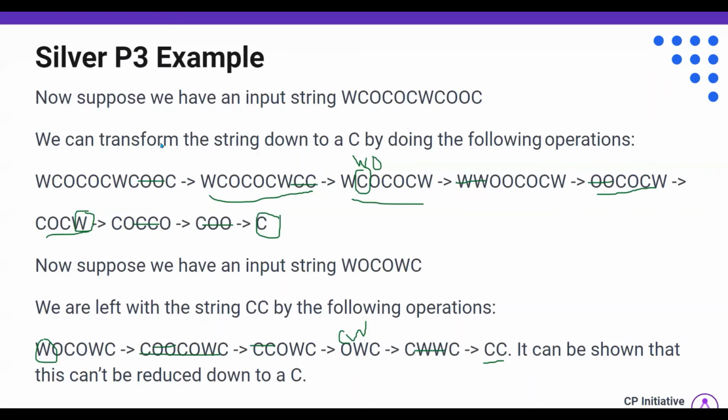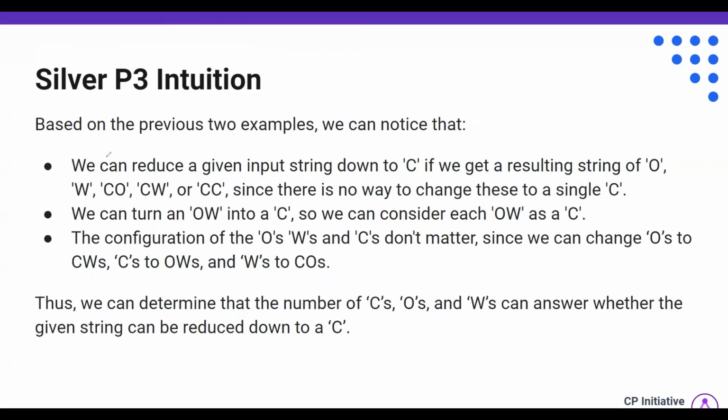So based on the two previous examples, we notice that we can't reduce a given input string down to a C if we get one of these strings, and there's no way to turn any of these strings down to a single C. So if we end up with one of these final strings, then the answer would be no. We also notice that we can turn an OW into a C, so we can consider each OW as a C. The configuration of O's, W's and C's doesn't matter, since we can change the O's into CW's, C's into OW's and W's into CO's.